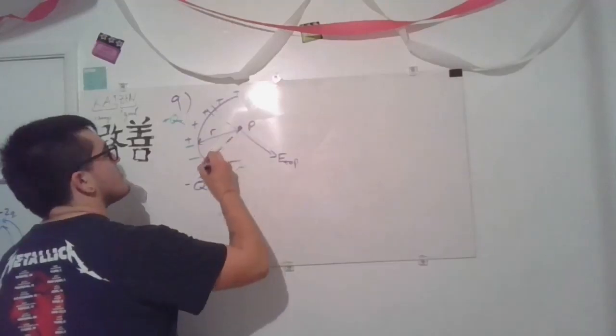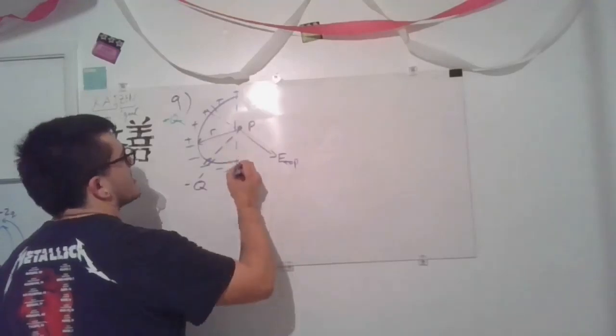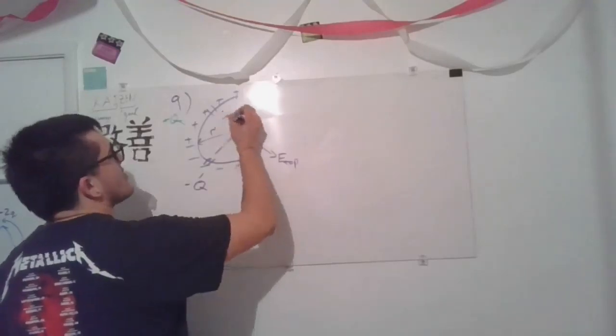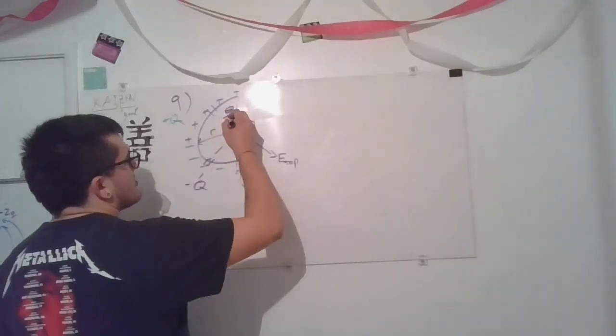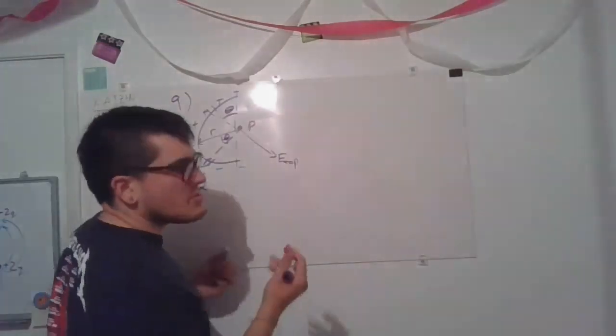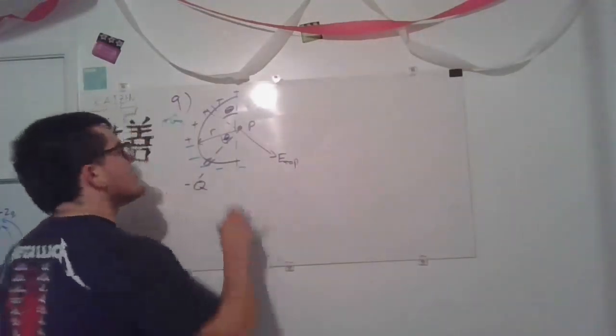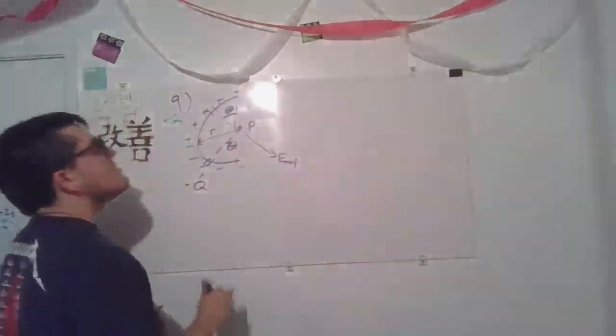There we go. That looks a little nicer. So then I can draw a y-axis here. I can call this theta. And then if that's my theta, then I can make this also my theta. It doesn't really matter. You can pick whatever theta you want. You can pick 2 thetas.